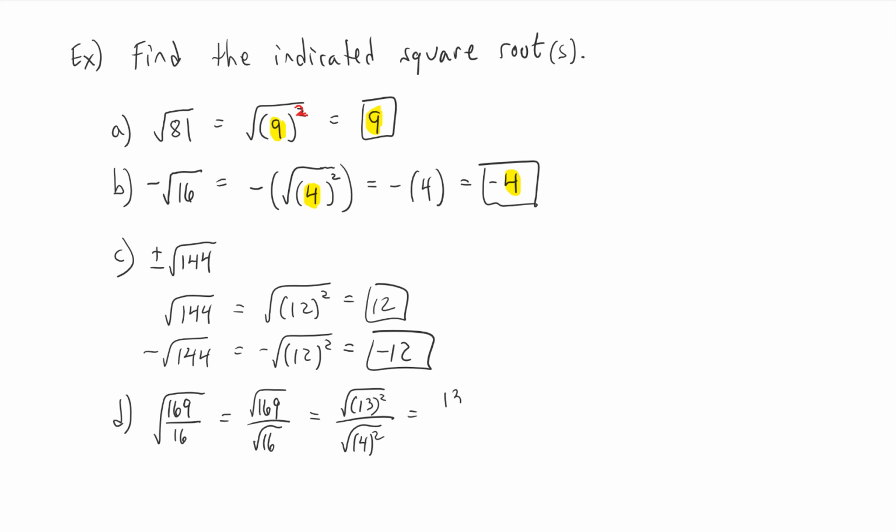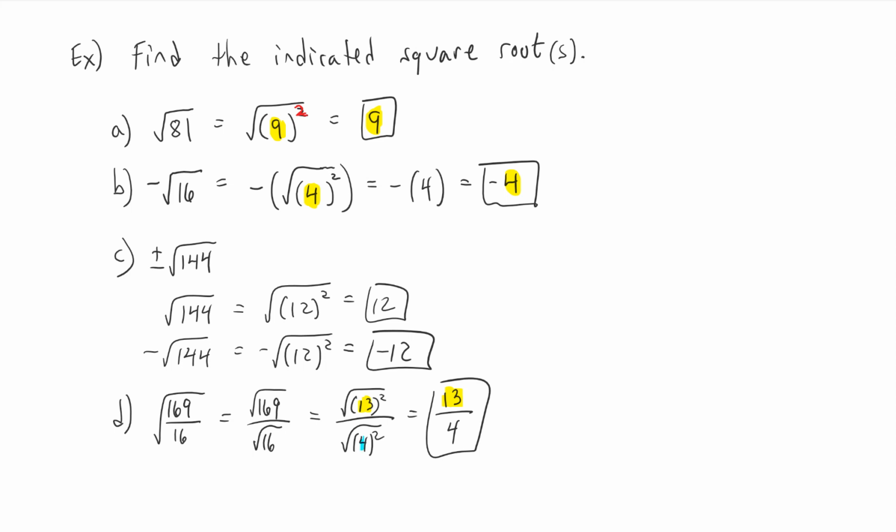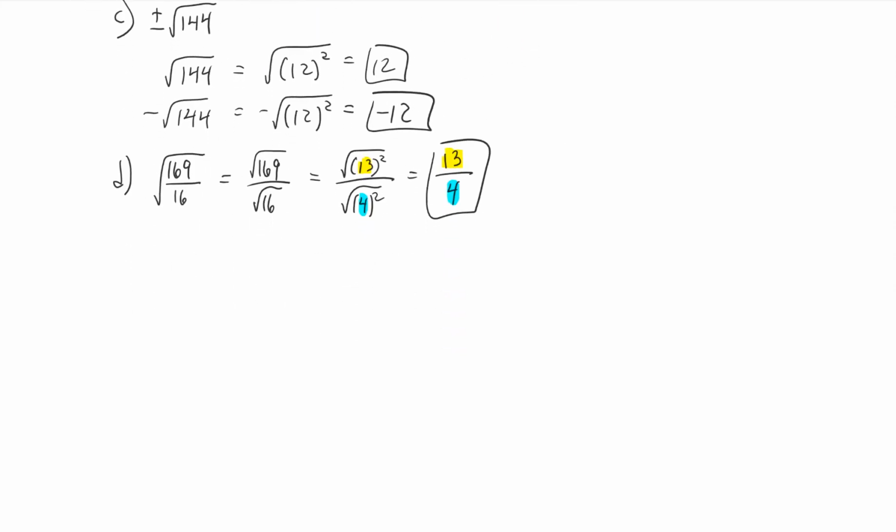So I would get 13 fourths. It looked like it'd be a complicated square root because of the fraction, but really you just split them up and do the principal square root of the numerator divided by the principal square root of the denominator.